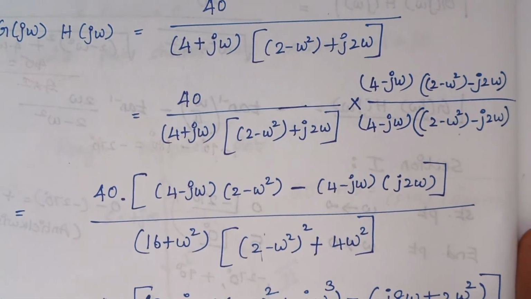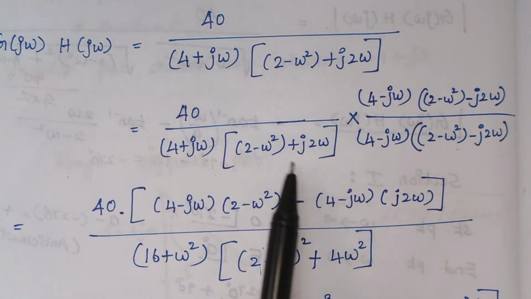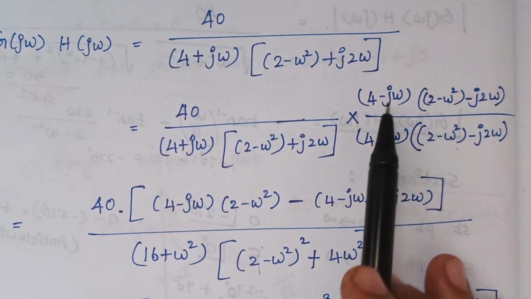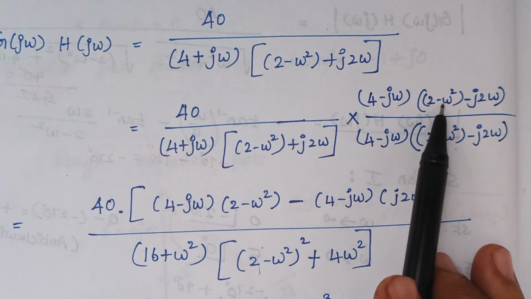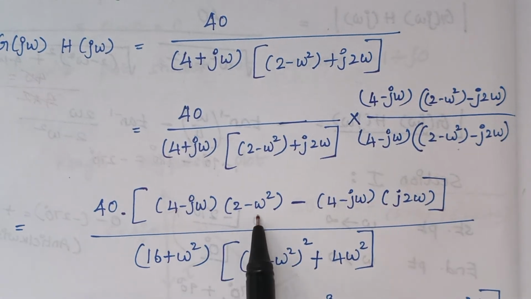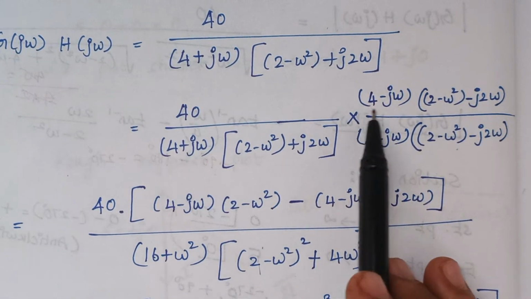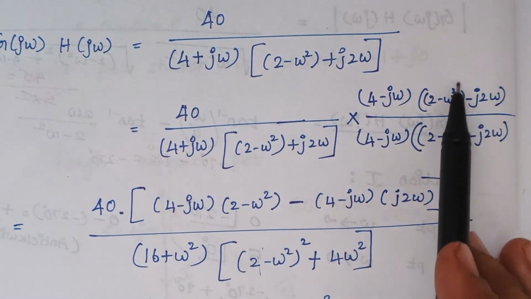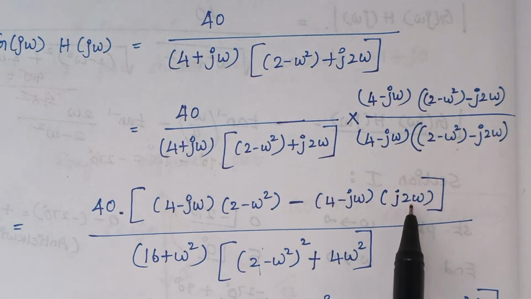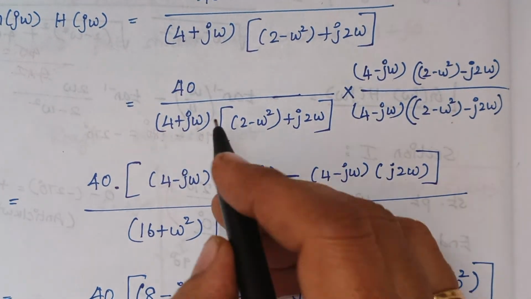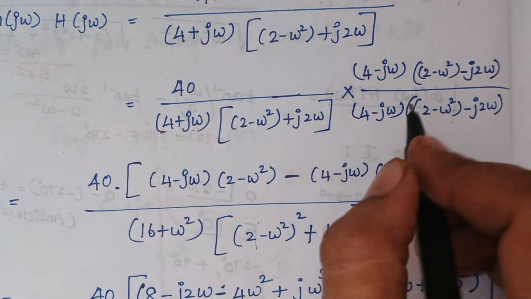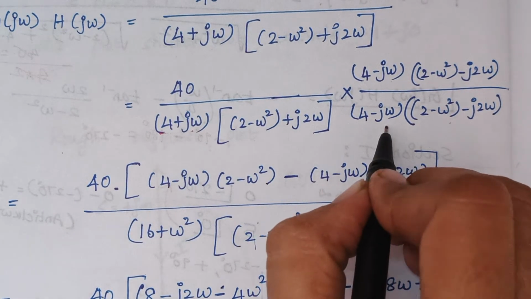The next step is we are going to multiply. As usual, this 4 minus j omega is multiplied with this 2 minus omega square, minus, and again 4 minus j omega is multiplied by this 2j omega. So it is written here. When you look at the denominator terms, we are having 4 plus j omega and 4 minus j omega.